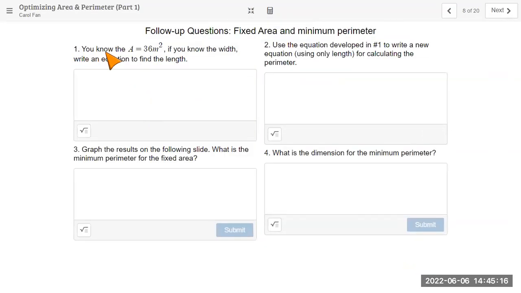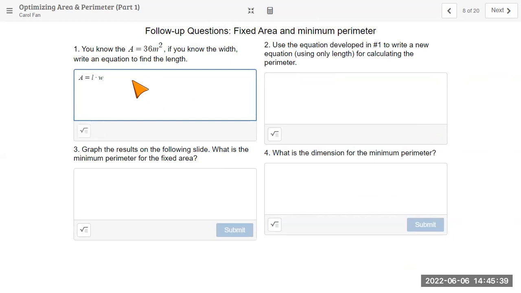Great. Let's follow up with some comprehension questions. Now we know that the area is fixed at 36 meters squared. If you know the width, write an equation to find the length. So remember, area is equal to length times width.